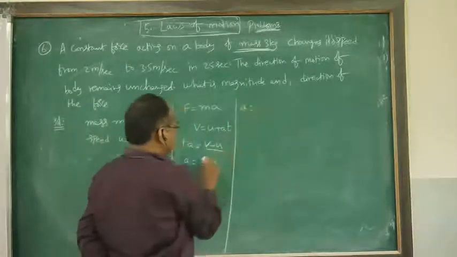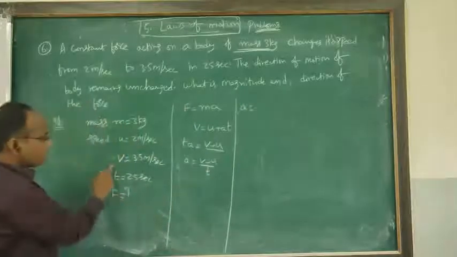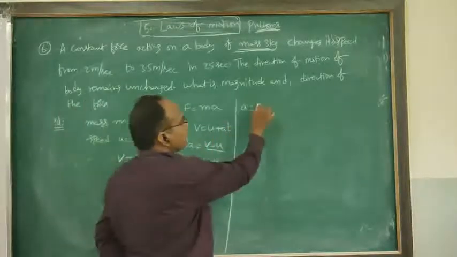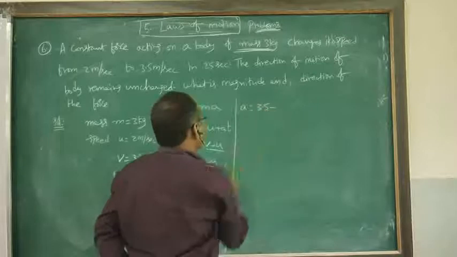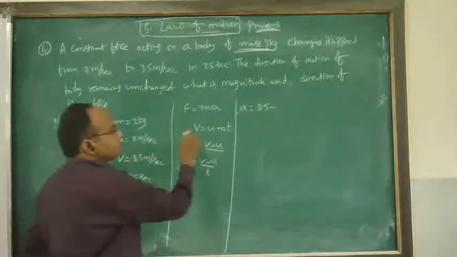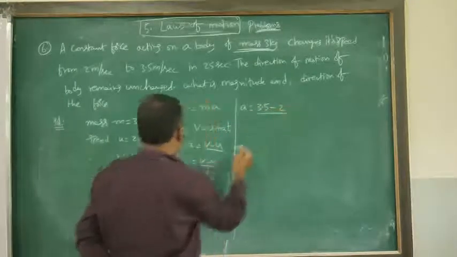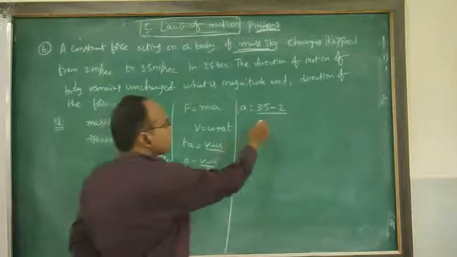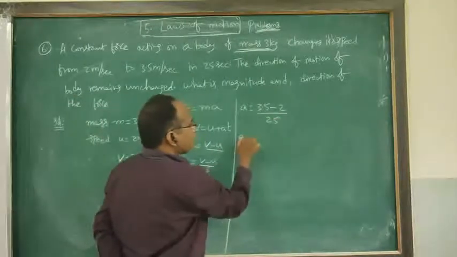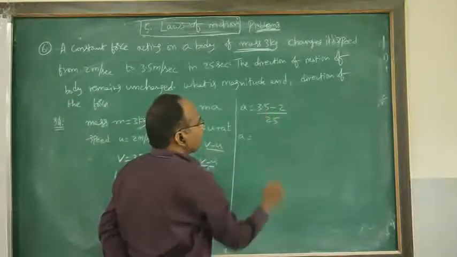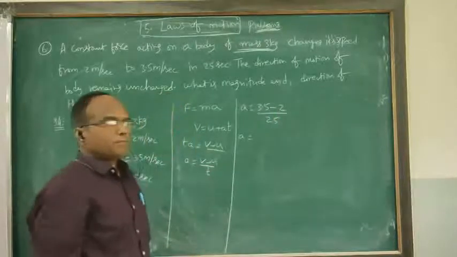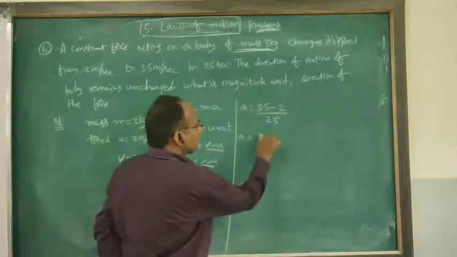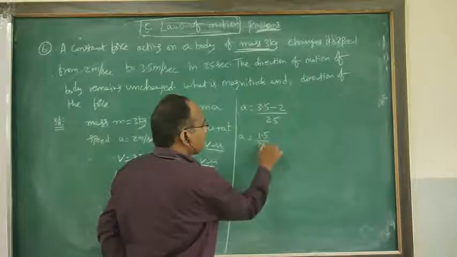So a is equal to final speed 3.5 minus initial speed 2, divided by time 25. 3.5 minus 2 is 1.5, divided by 25.